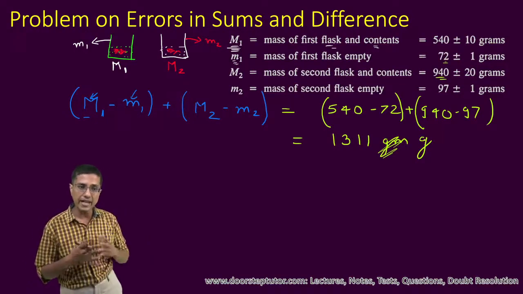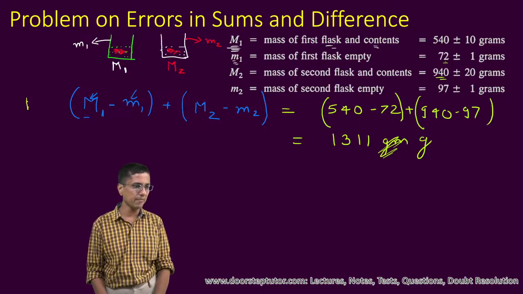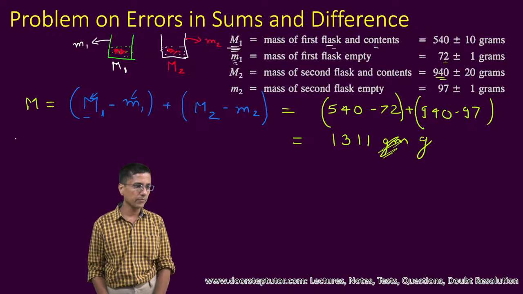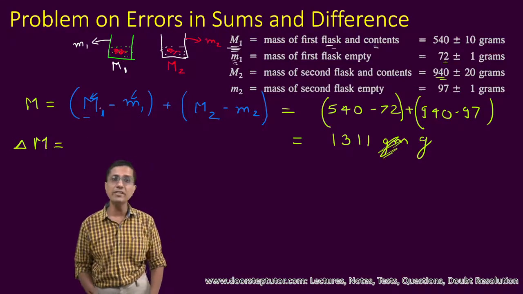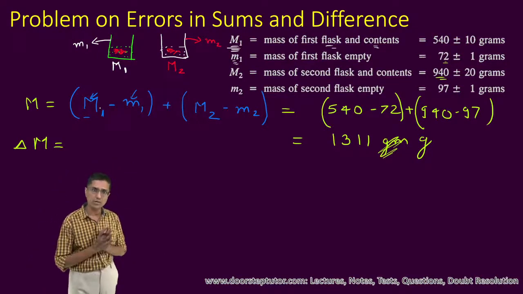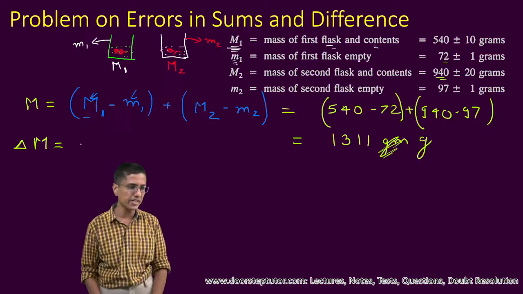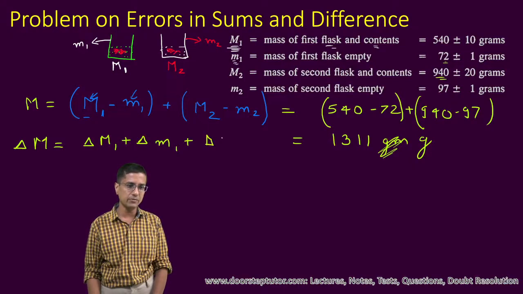Now what about the errors? See the error, so we will say M, and what about delta M? That is the absolute error. No matter whether the quantity is being added or subtracted, the absolute errors always get added. That is what we have studied. So that will equal delta M1 plus delta m1 plus delta M2 plus delta m2.